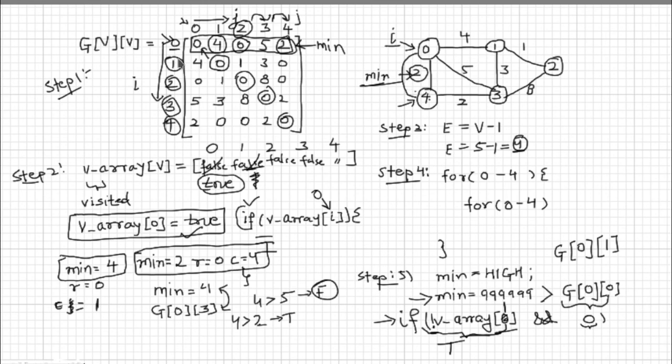So what we are going to do is assign the v array, and since this is actually equal to c, you can see here it is c, and this is r, after the first iteration we are going to assign the v array of c as true. This means that c was equal to 4, so this value will not be false, it will now become true.